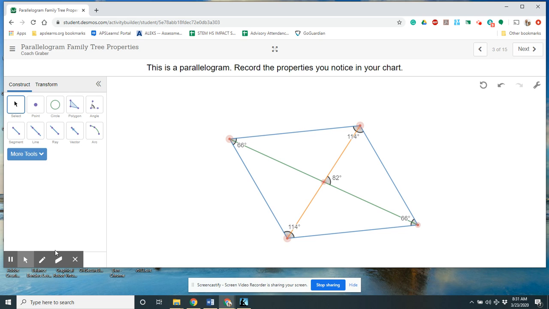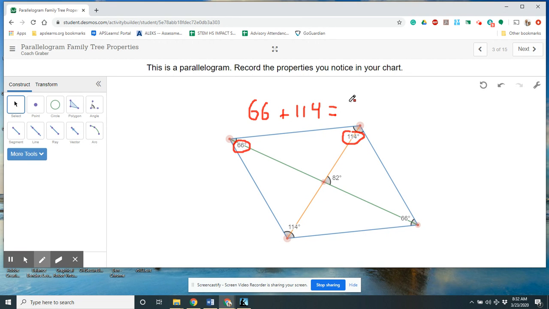If you look at this angle and this angle, which are adjacent angles, if we add those two angles together, so 66 plus 114, then we have a value of 180 degrees.